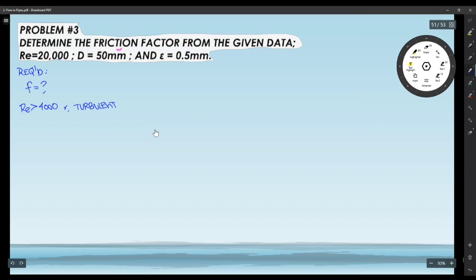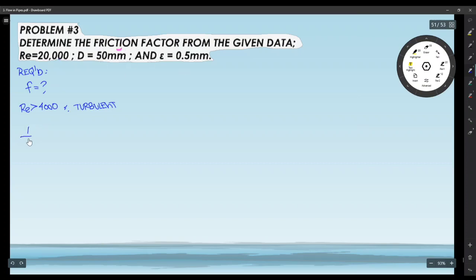Okay, so pa-browse na lang kung ano ba yung Colebrook equation. Pero ito is na-discuss natin from our last discussion. Okay, so using the Colebrook equation, so pa-check naman doon sa inyong notes. So ano nga yung ating equation? So that is, hindi ko na isusulat yung mga given na dito.